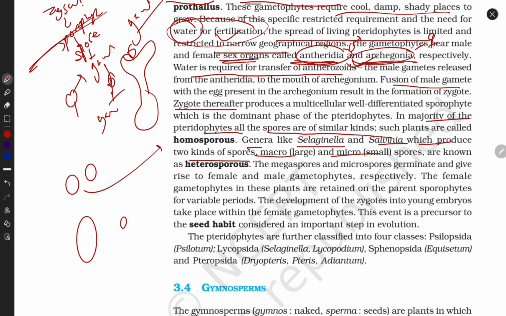This is important from an exam point of view because it is given in your NCERT. Megaspores make the female gametophyte. Microspores make the male gametophyte. Mega means female, micro means male.